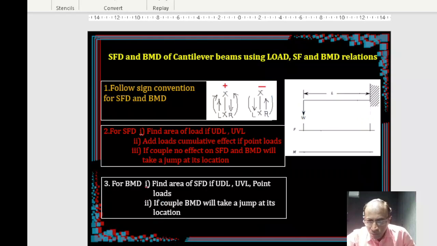Okay. Finally, if you have a point load, how do you get the shear force diagram and bending moment diagram? Okay. So same, you follow the sign convention. This is much simpler even, right? And if you want shear force diagram, take the area of the loading diagram.